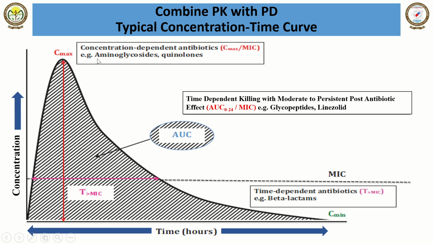Aminoglycosides and fluoroquinolones you have to give as a OD dose, whereas for the time dependent antibiotics, which act on the actively dividing bacteria, we have to go for extended infusions, or continuous infusions, or prolonged infusions, whatever term you want to call it. But they are not to be given as bolus doses.